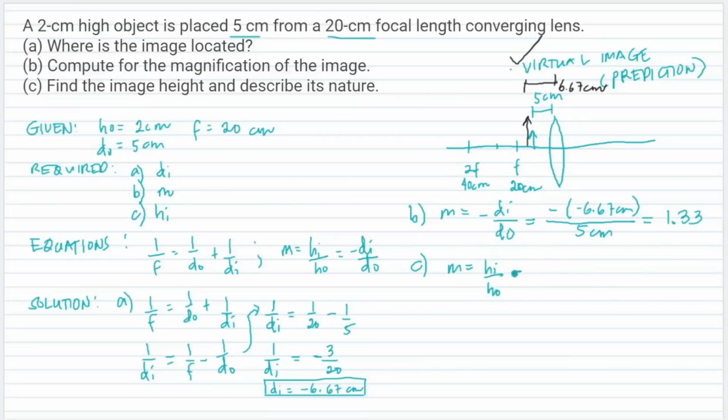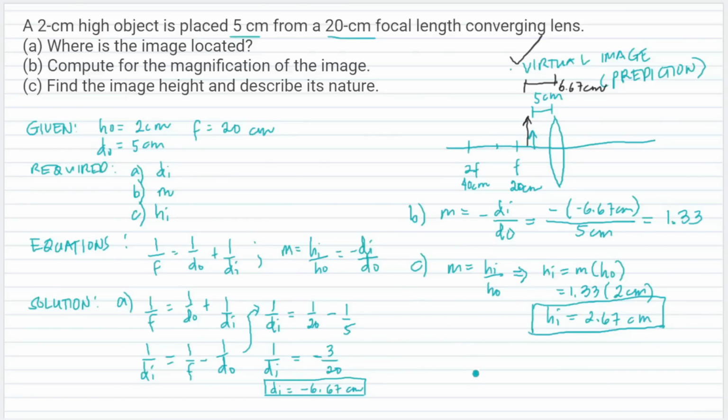For the image height, okay, we have M is equal to HI over HO. Then we solve for HI. Okay, we have here 1.33 times height of the object of 2 centimeters. So, we will be getting 2.67 centimeters. Okay, diba? Mas malaki siya sa ating object. Our object is 2 centimeters.